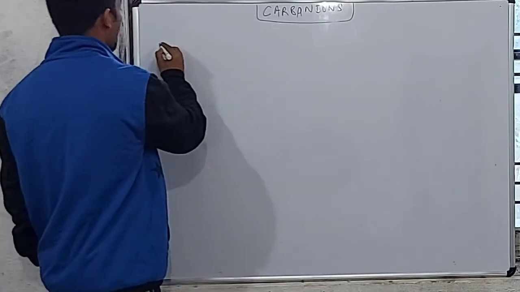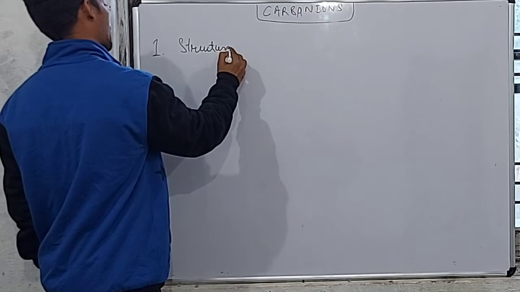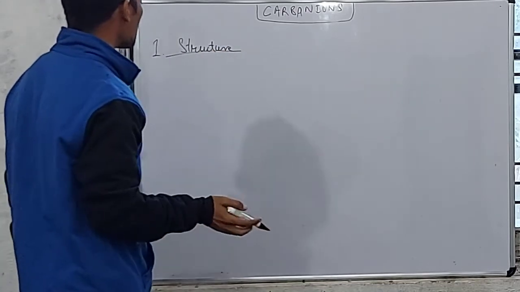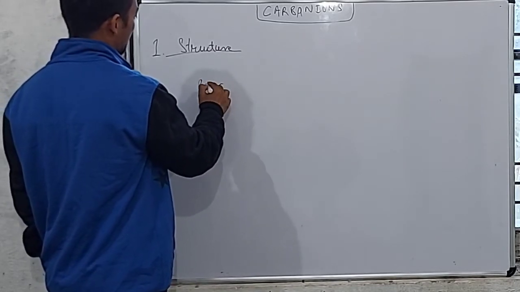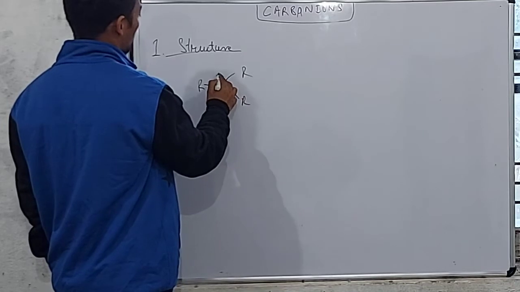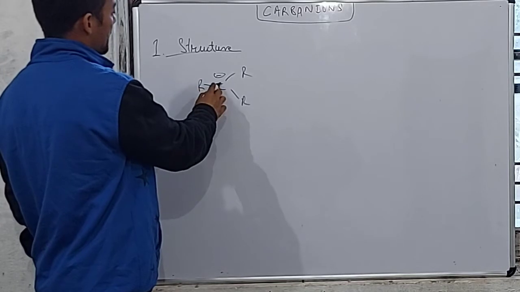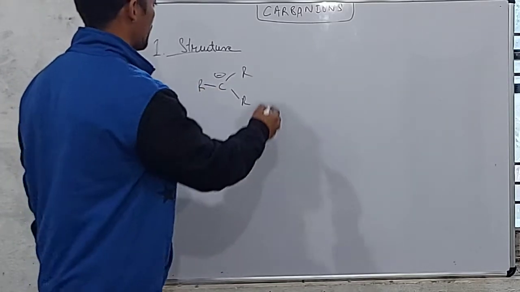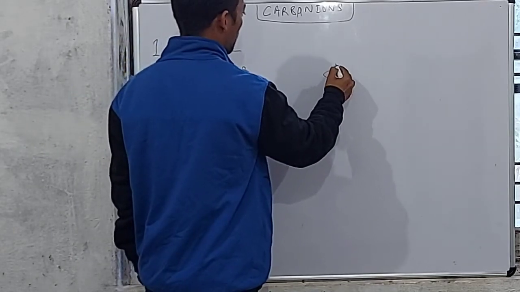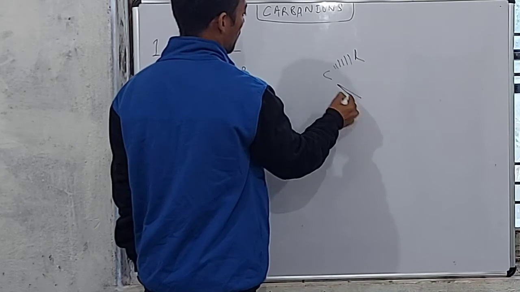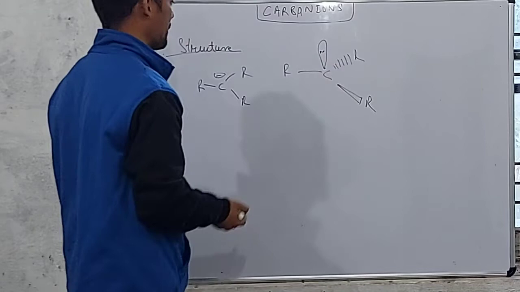So first, what is the structure of a carbanion? A simpler carbanion we can show is this. As you can see, this is sp3 hybridized, and in geometry terms, we can show that this is a carbanion.